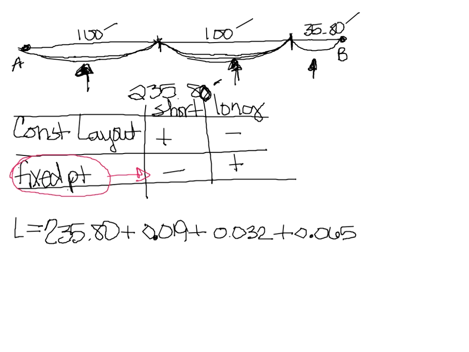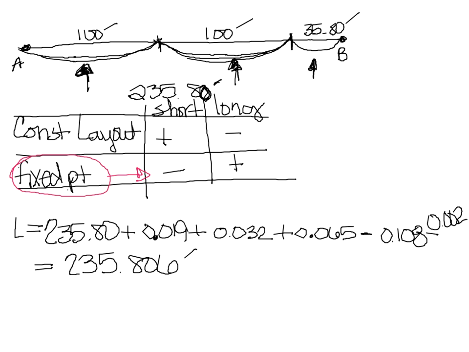Sag is always a short tape, so we subtract our correction for sag. And you can also subtract this tiny little bit here. It's pretty insignificant. Now, when you add and subtract all these numbers, you come up with 235.806 feet. At which point we only need or only have two significant digits.